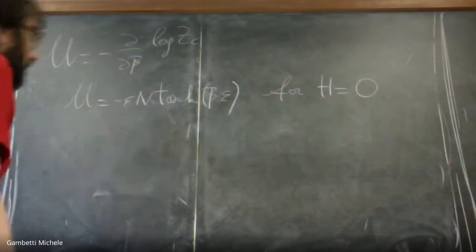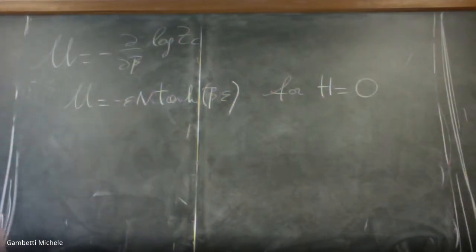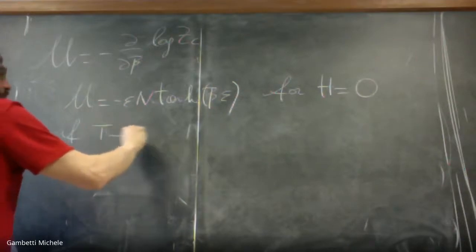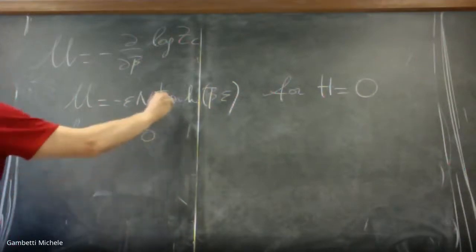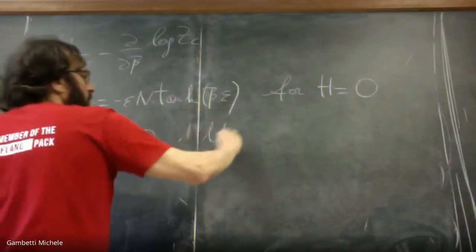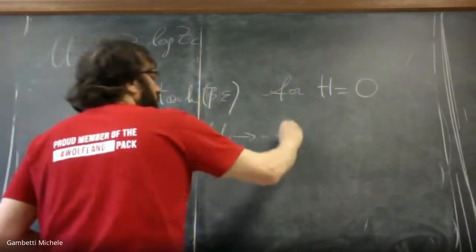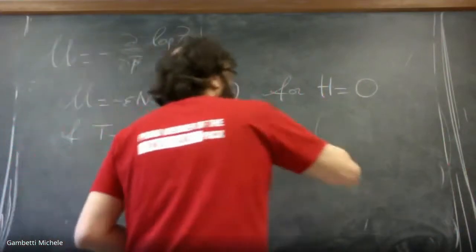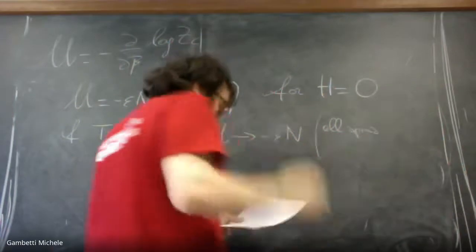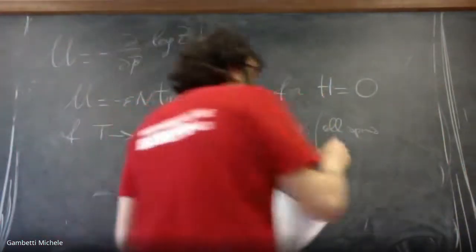Now you see that when the temperature is going to 0, so let's do this limit, if t approaches 0, the hyperbolic tangent goes to 1, and then u approaches minus epsilon n, which is indeed the case in which all spins are aligned.